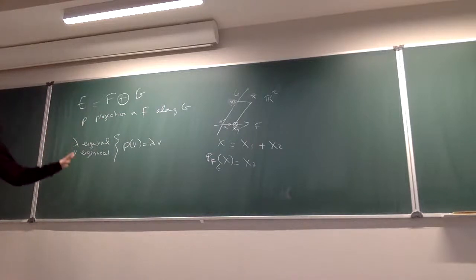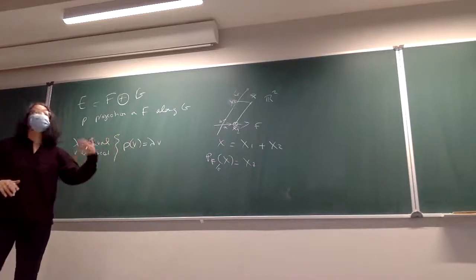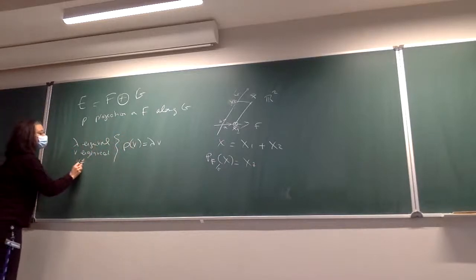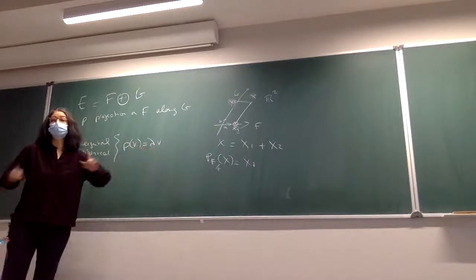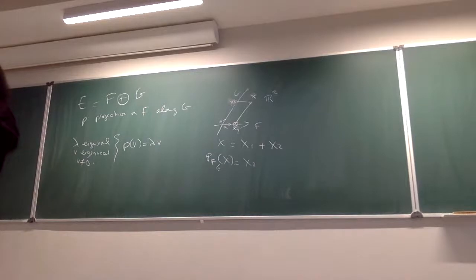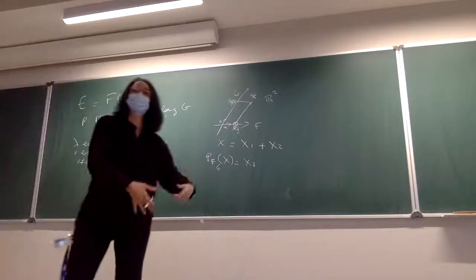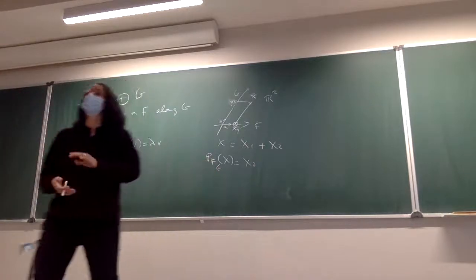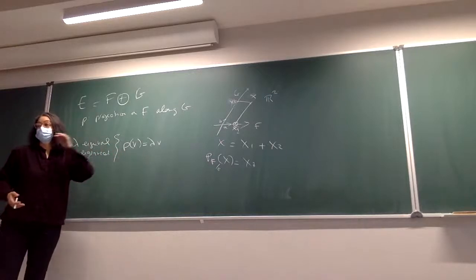Whatever the kind of map you have, as long as it's linear, it has an eigenvalue. You can find a non-zero eigenvector such that P of V is equal to lambda V. So the two go together, right? When we are in finite dimension and we have a matrix representation, you can find first the eigenvalues and then the eigenvectors, but that's the first definition you have to keep, right?